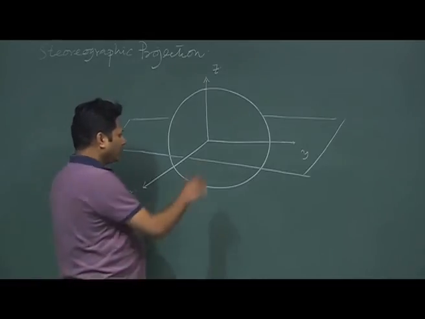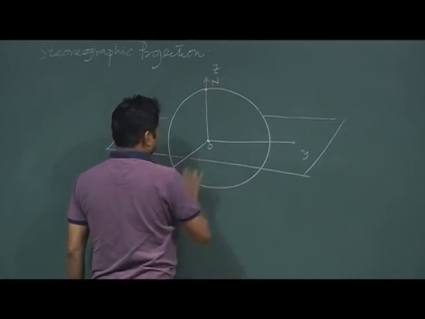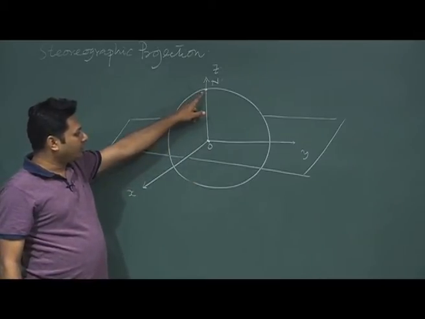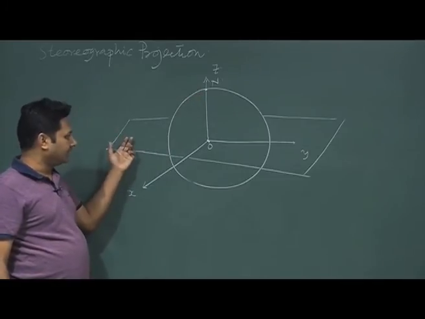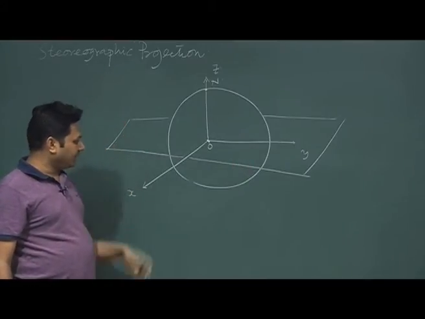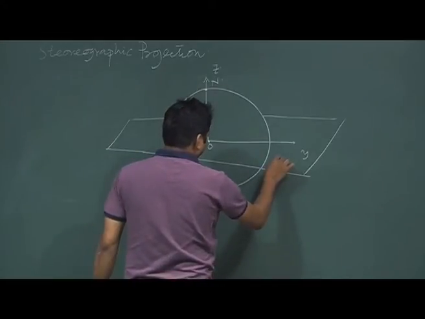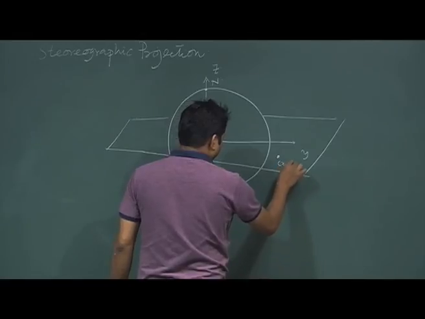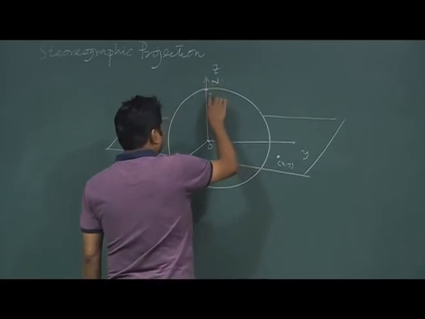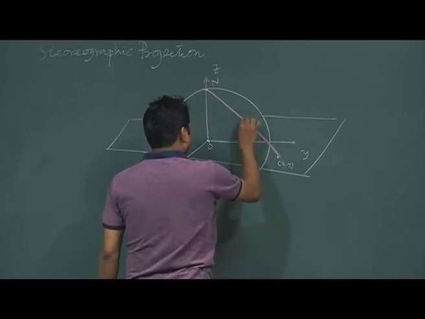Now, if you understand properly, if this is say N, this is say O, N stands for North Pole. If you want to find a point here, x and y, or any point, you can define it in a very unique way. The way is, for example, this is my point which is the xy coordinate, and if I draw a line from N to that particular point, it should cut somewhere here.